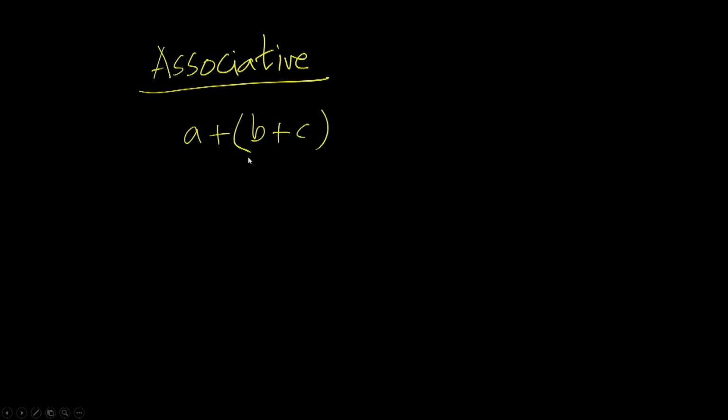Then we have the associative law. Associative law says that the OR of A with the OR of B and C is equivalent to the OR of A or B with the OR of C. So, by extending this, we can take the OR of a chain of formulae in whichever order is convenient.